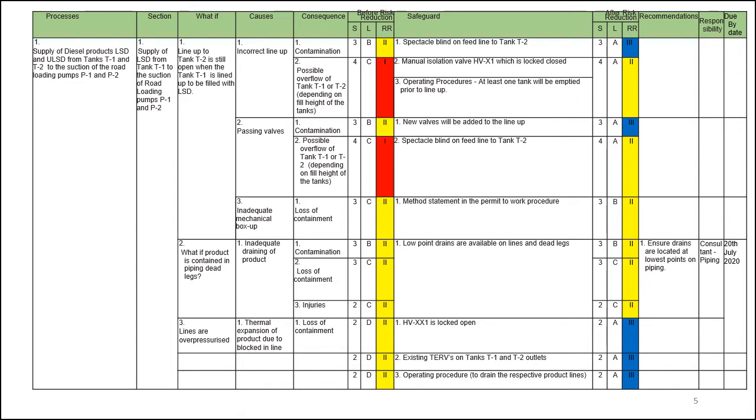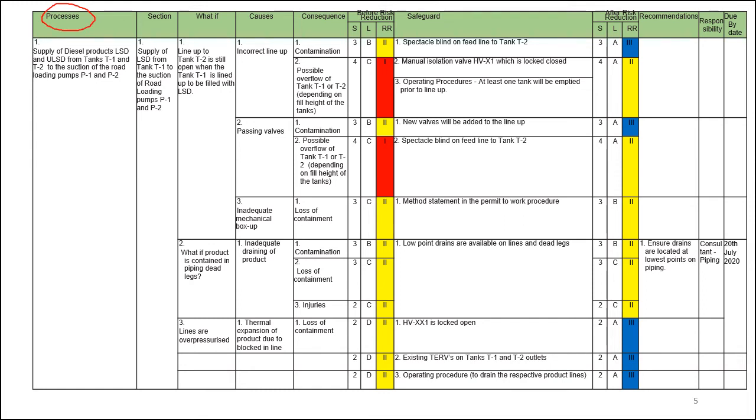Page 5. This spreadsheet is the complete what-if record input form and is projected onto the screen, and the facilitator will work through all the columns with the participants. Column 1. This is the description of the node as depicted on the P&ID.